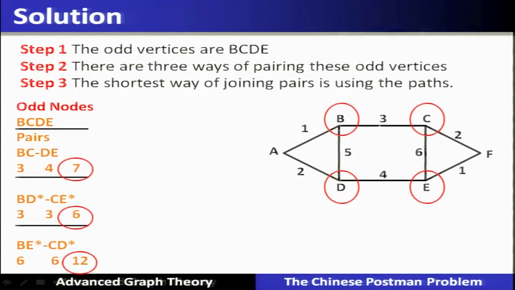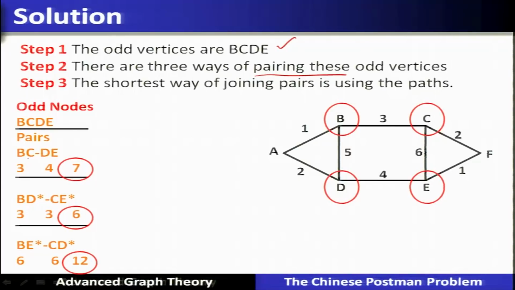In this problem setting, the first step is to find the odd vertices. So, B, C, D, E, which are encircled here, are the odd vertices. The second step is to pair these odd vertices. How many possible pairings of B, C, D, E are there?